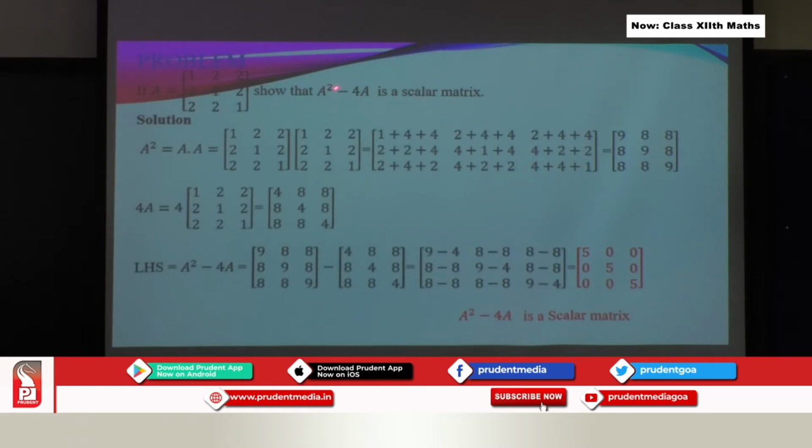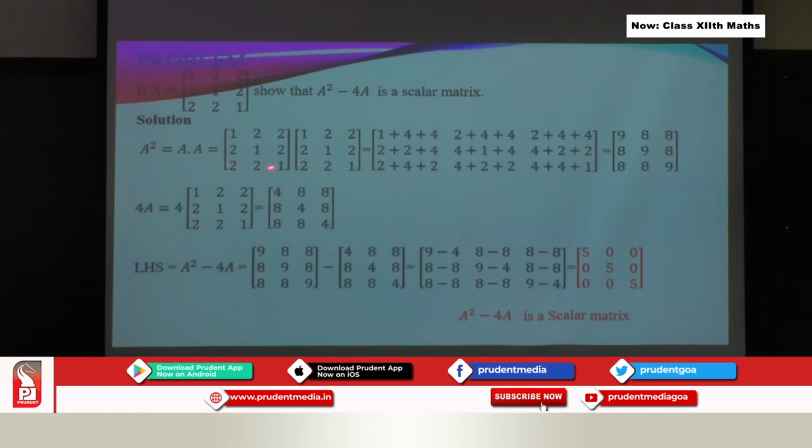Look at this. First, I will find A square separately. Just now we studied how to multiply two matrices. I stated at the start that when you multiply two square matrices, they are always conformable for multiplication, so you don't have to waste time checking.